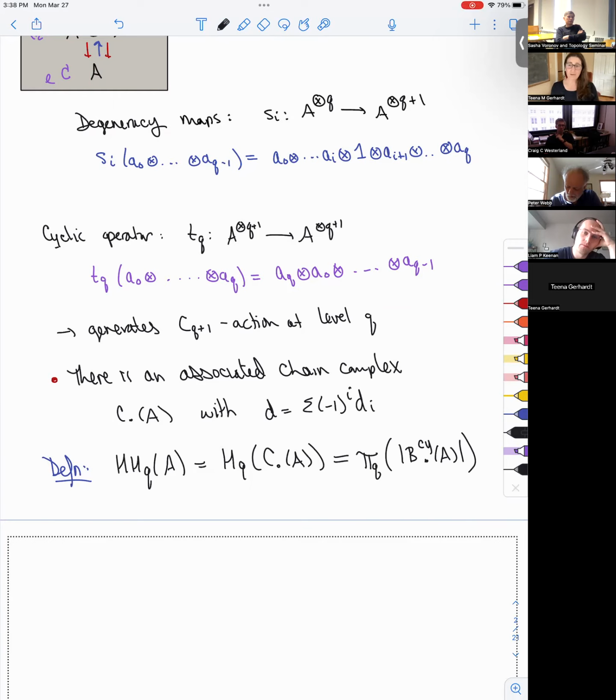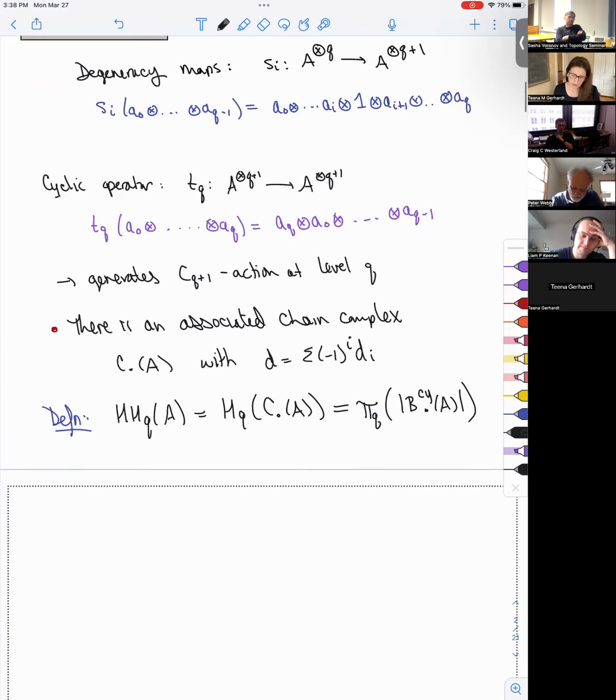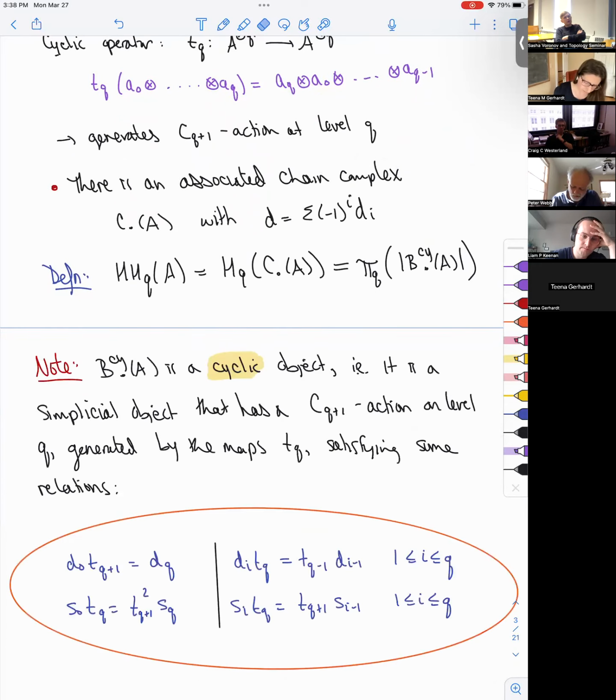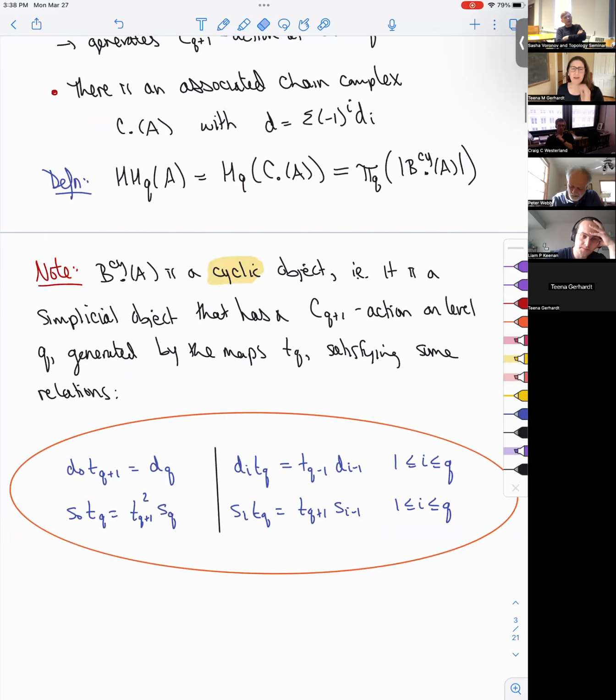Okay, so this is the definition of Hochschild homology. Hochschild homology is a very classical invariant of rings. It's been around a long time. Before we move on from it, though, I want to make one important note about this: I said it was a simplicial object, but it's actually better than that. So we had the face and degeneracy maps, but I had this cyclic operator as well that gave it additional structure.